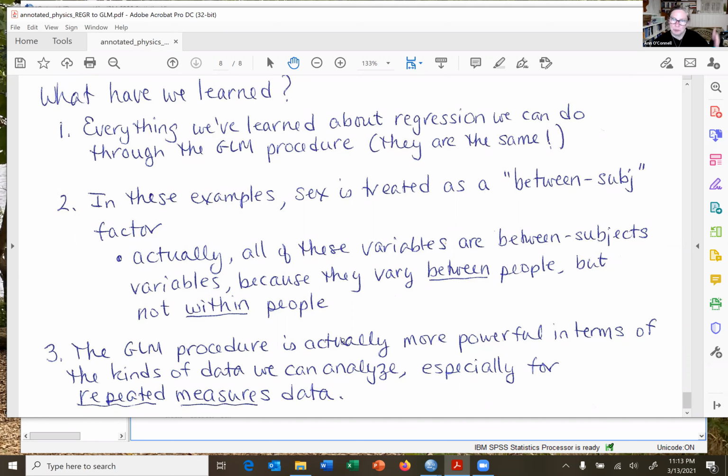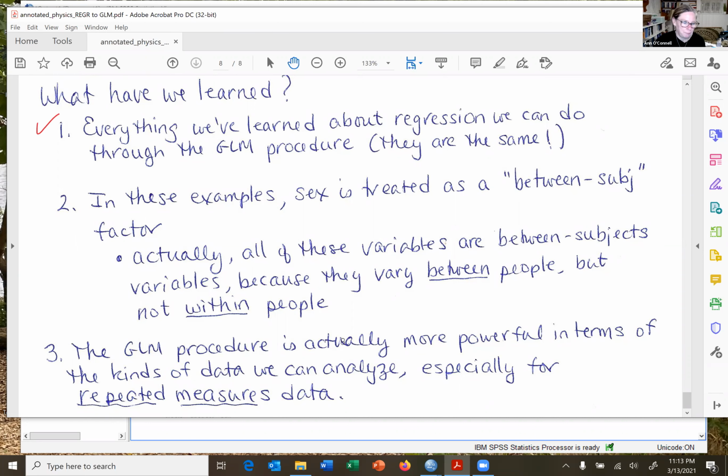Everything is completely aligned with what we find in regression. Regression also gives us additional information. So if you only are doing regression, it's often easier to use that regression procedure. But in some situations, you might want the greater flexibility of using the GLM procedure, and that's especially true when we have repeated measures data. So everything we've learned about regression, we can do through the GLM procedure.